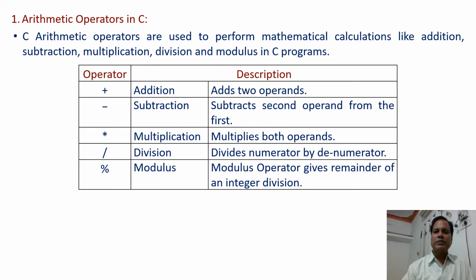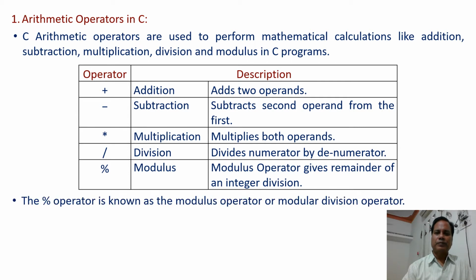Slash, forward slash, is used for division, and divides the numerator by the denominator. Percentage symbol is used for the modulus operator. The modulus operator gives the remainder of an integer division. So these are the arithmetic operators that we are going to discuss in C.